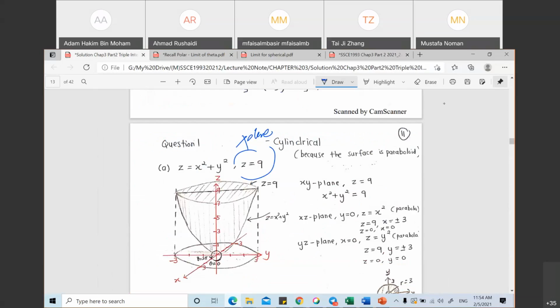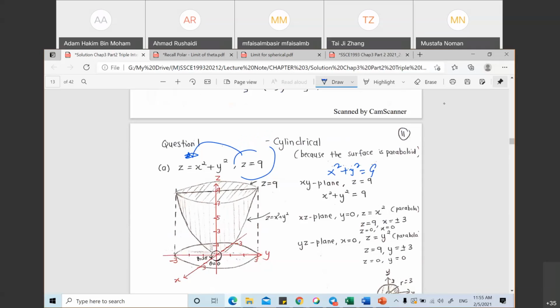Okay. If circle, z equals 9, I have to substitute here first. Okay, I have to substitute first. So I have x squared plus y squared equals 9. So not a plane. Okay. And then I have a circle with radius 3.